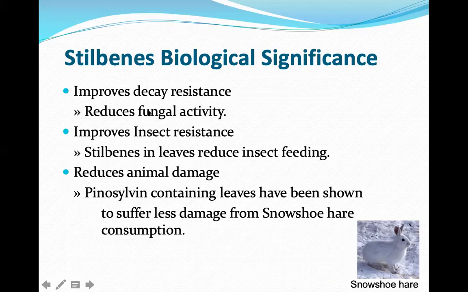So stilbenes can protect plants from microorganisms, for example fungi, insects, as well as from animals. Pinosylvin-containing leaves have been shown to suffer less damage from snowshoe hare consumption. Snowshoe hare is an animal, and it eats less of the pinosylvin-containing leaves. So that means animal eating is also resisted by the stilbene.